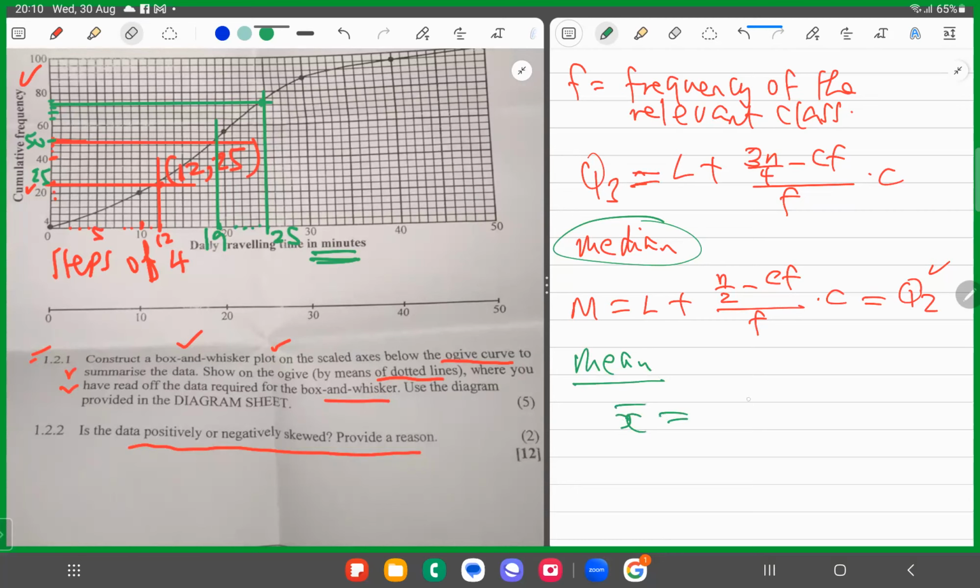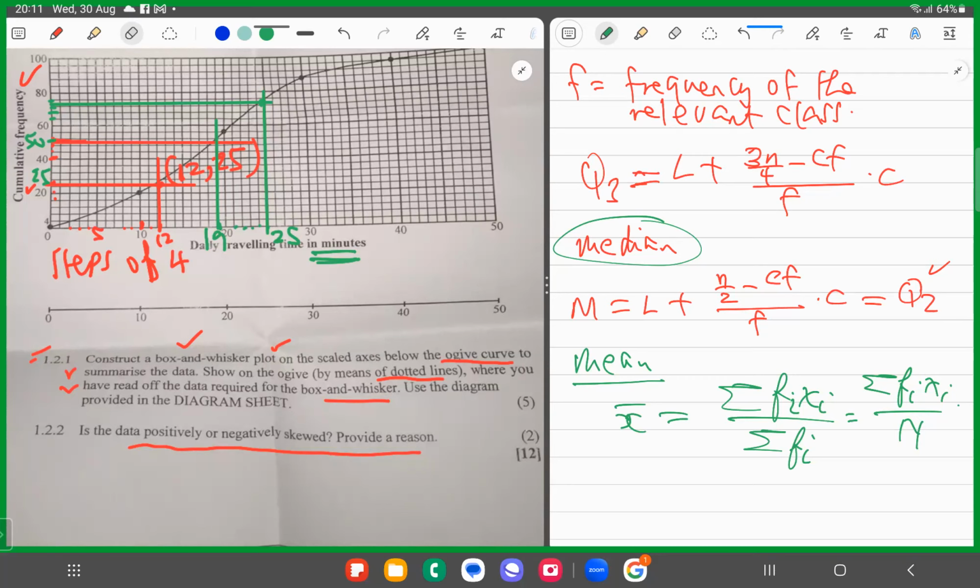For grouped data, the mean is the sum of Fi xi divided by the sum of Fi, in which case it is the sum of Fi xi divided by n. Okay, we use the formula for the mean, so we are good with that one.